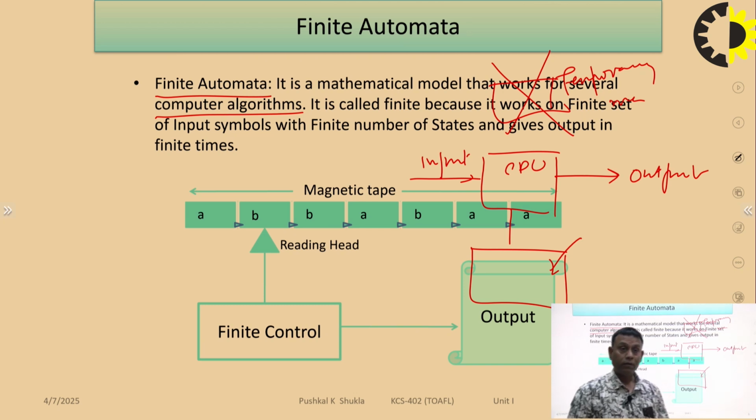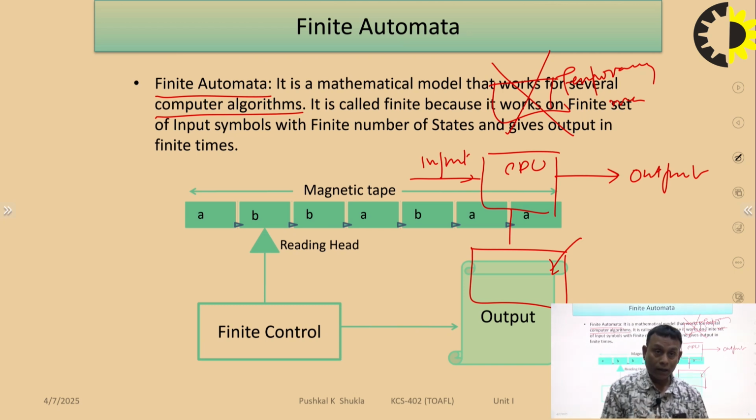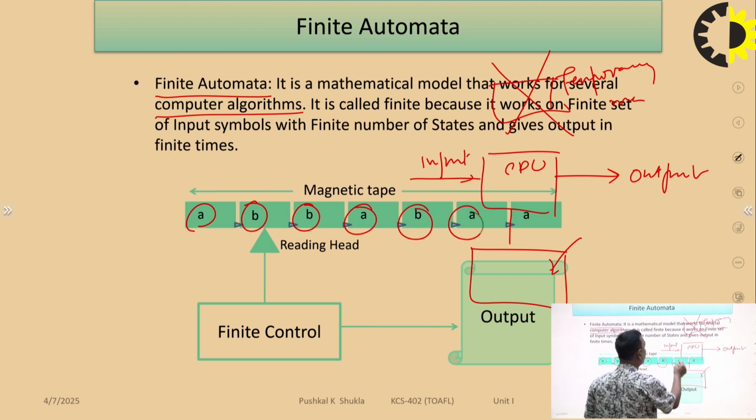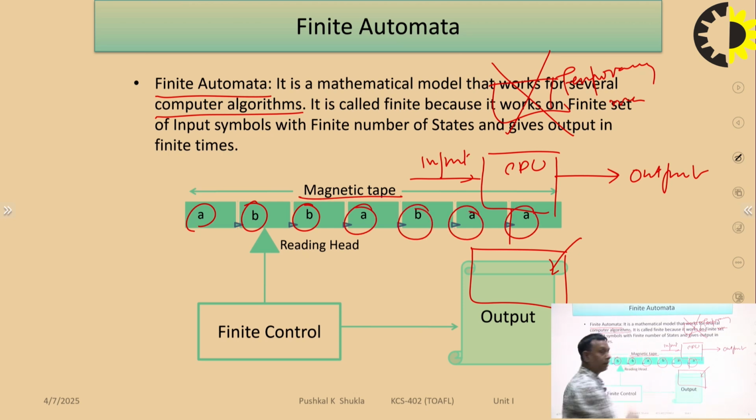The input symbols on the input alphabet are stored on the input tape, just like on a magnetic tape. So there is a finite number of input symbols and a finite number of states. States are controlled by the finite control machine. Therefore, it is called finite automata.